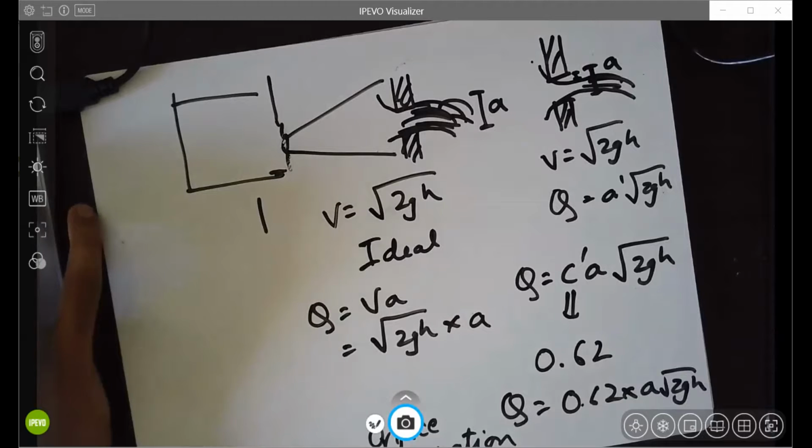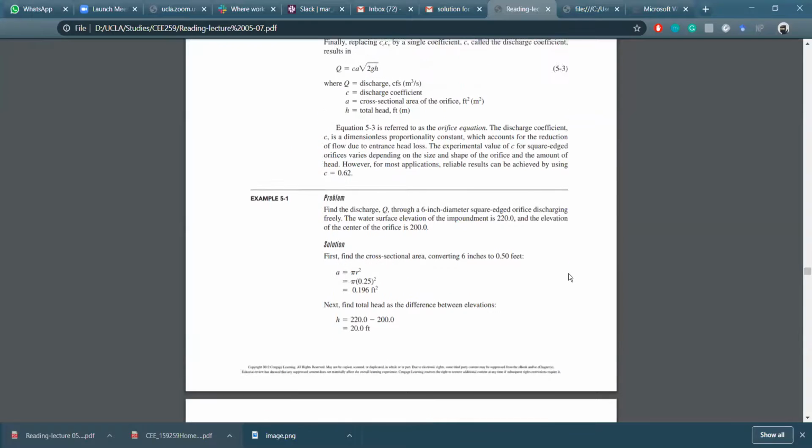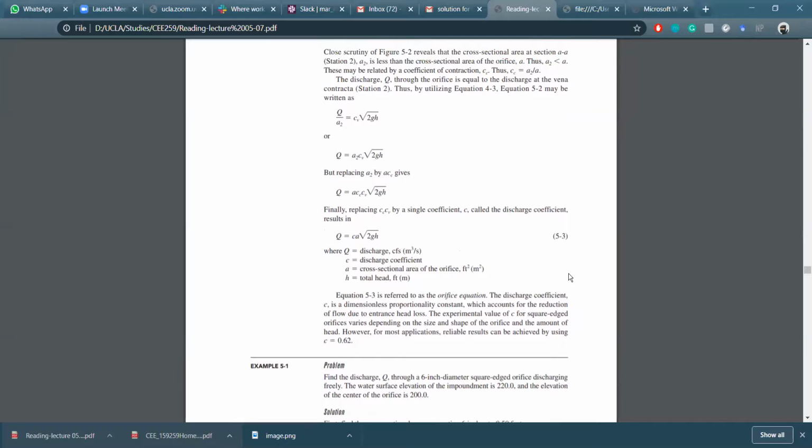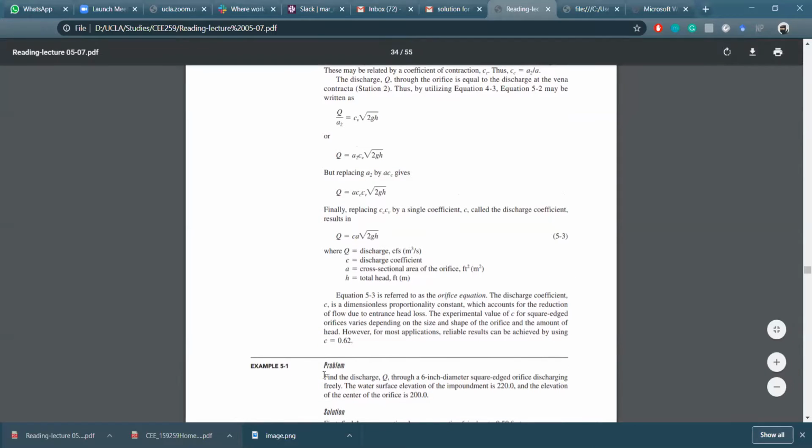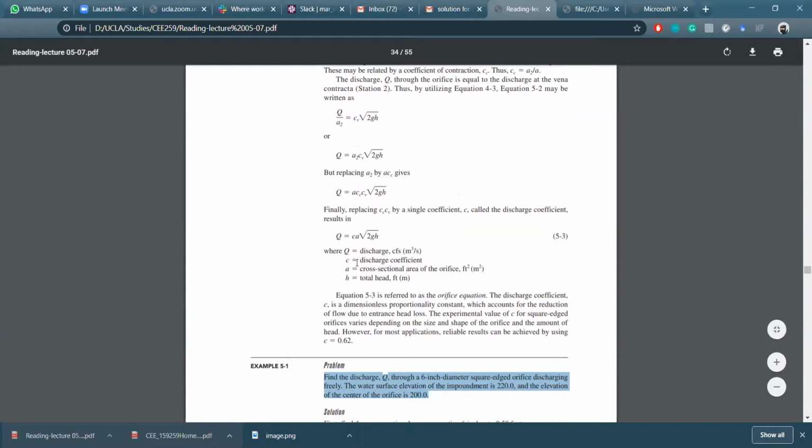Let me share it. Try example 5.1. Do this example. It's quick, so I'll give you 5 minutes. Can you see the question?